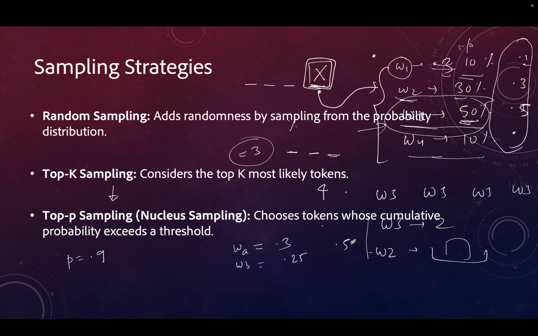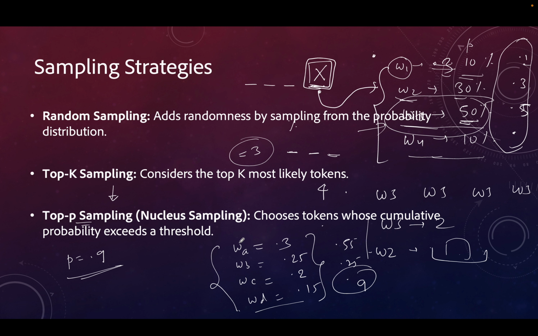It's 0.55, still less than 0.9. So we go to the next probable word WC, let's say 0.2, cumulative 0.75, and then WD maybe 0.15. Now the cumulative for these 4 is 0.9, and we have reached our P. So we will stop here. We don't know beforehand how many words we will sample from, in this case 4, until this P threshold is reached. So this is another sampling approach.